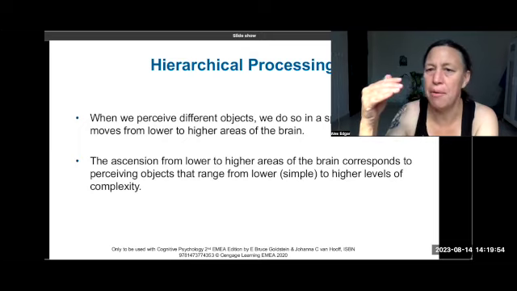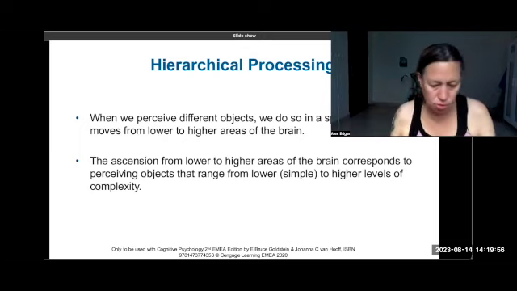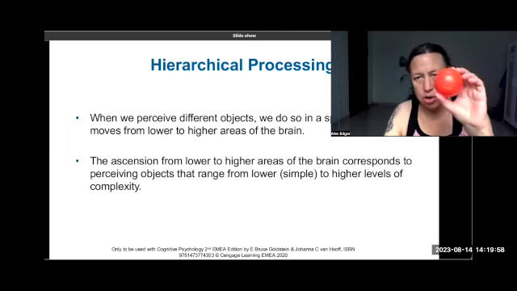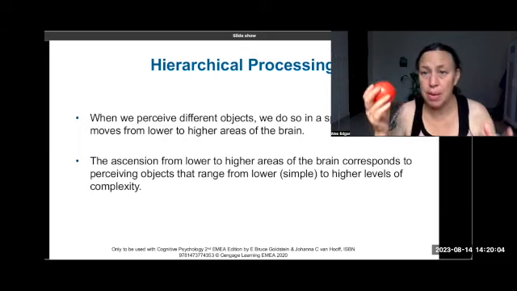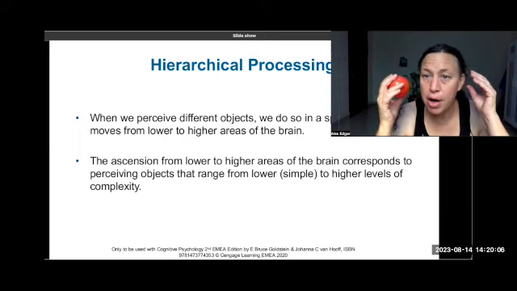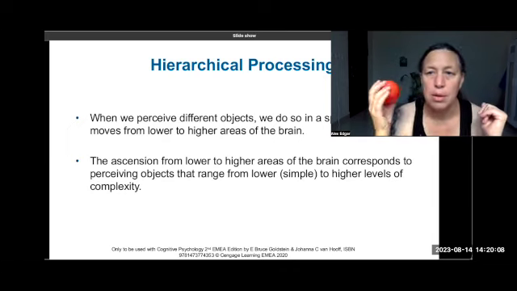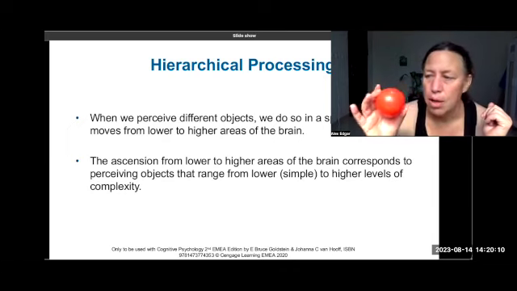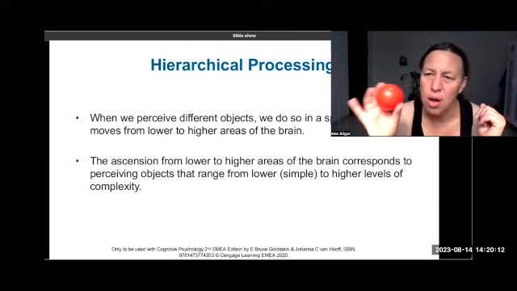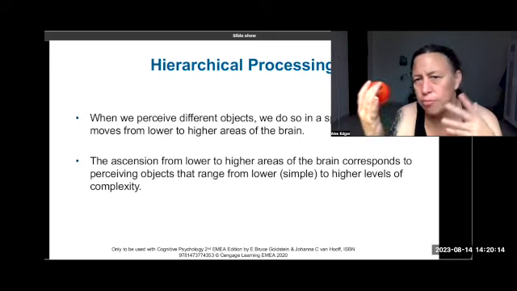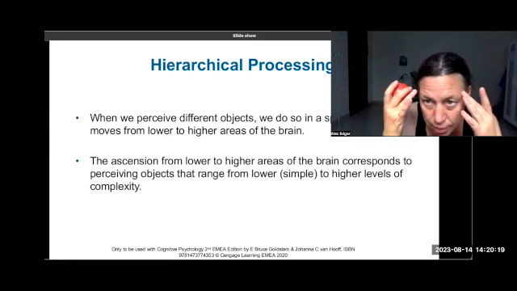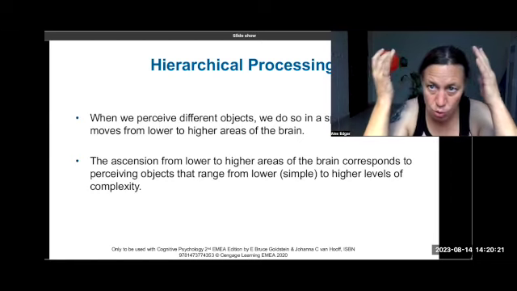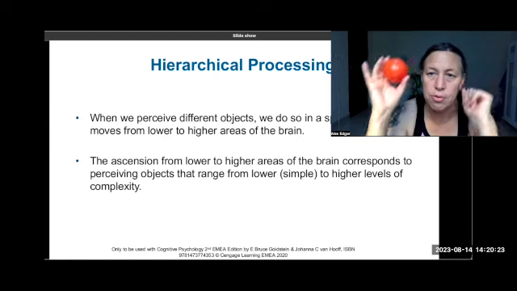The bottom part of the hierarchy processes the gross information like orange, round, shiny. That might happen somewhere further back in the brain, further lower in the brain, further inward in the brain. Then the cortex will go plastic ball from the toy shop. And that would be somewhere much closer to the cortex, much closer to the frontal lobes.